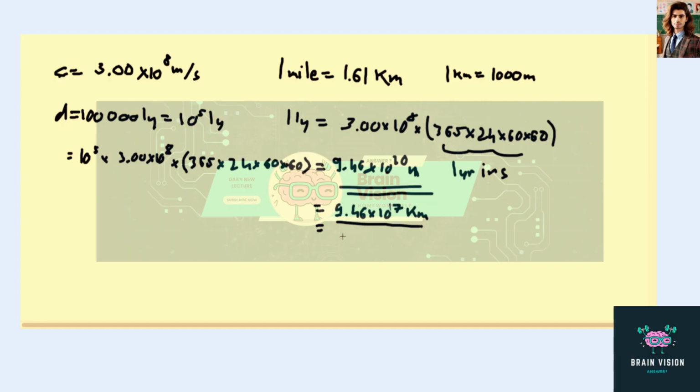So you're going to get that this distance is 9.46 times 10 to the 17 times 1 over 1.61 in order to get the distance in miles, and that is 5.87 times 10 to the 17 miles. So this is the diameter of the Milky Way given in terms of meters, kilometers, and miles.